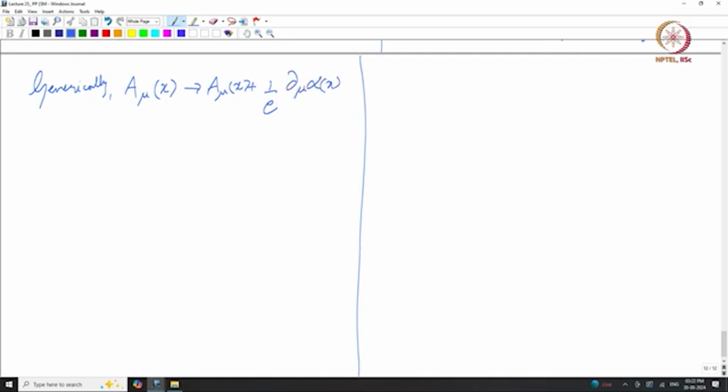What is that E? That E is exactly the coupling constant. It is not electric charge, it is the coupling constant of QED. So, that means what am I looking for over here?